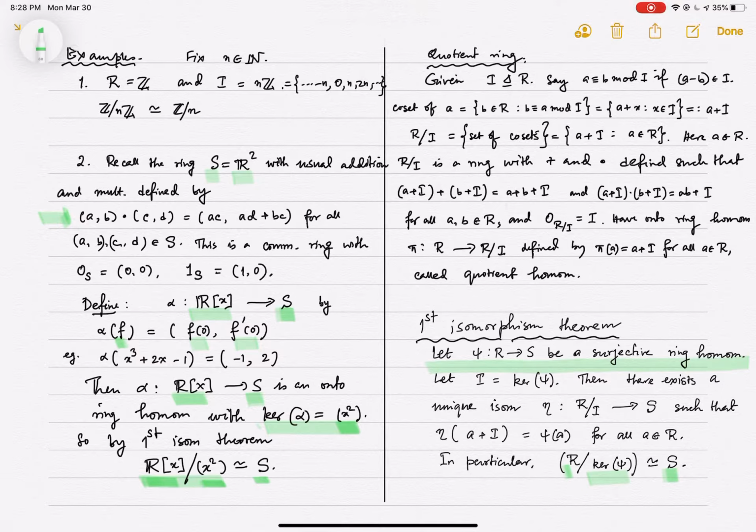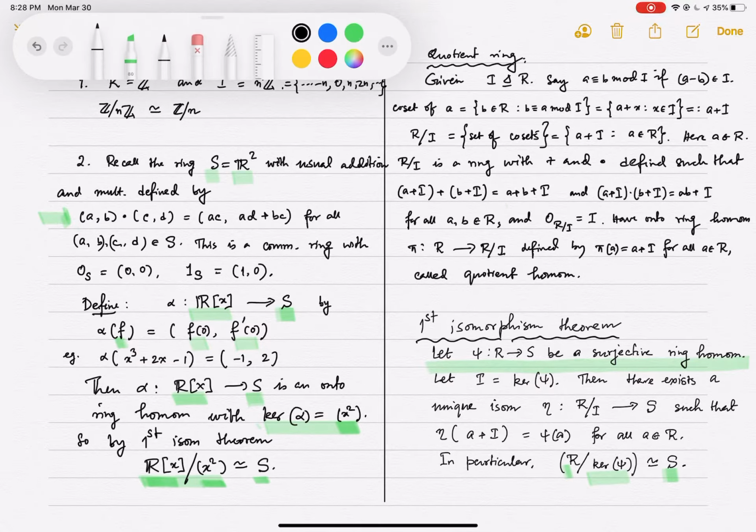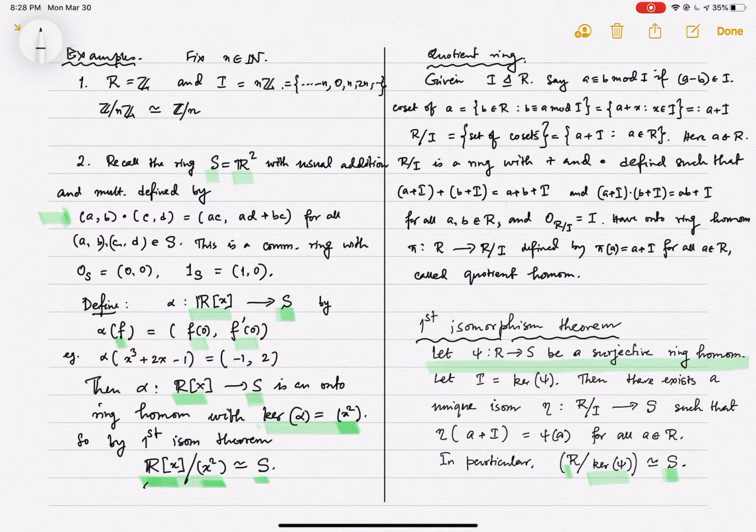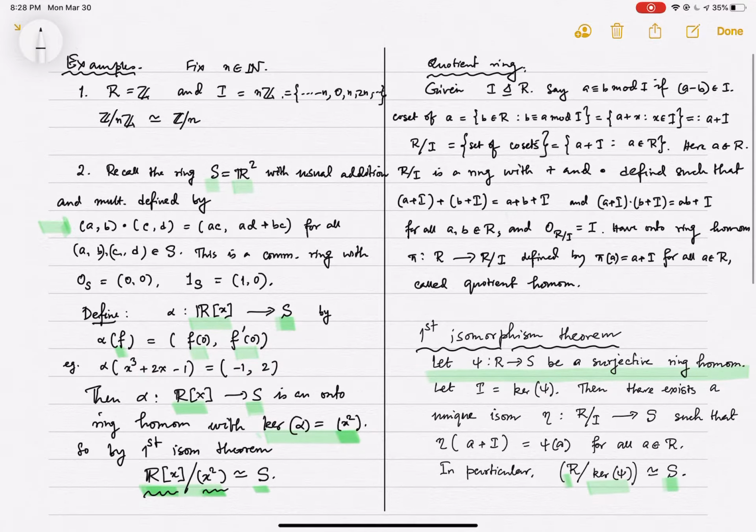You don't want to define a homomorphism directly from the quotient. What you want to do is define a homomorphism rather from this mother ring, so to say, and show that the kernel is what you want it to be, and then apply the first isomorphism theorem. And that's often how the first isomorphism theorem gets applied.